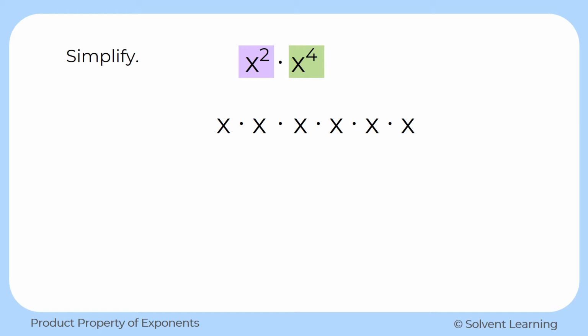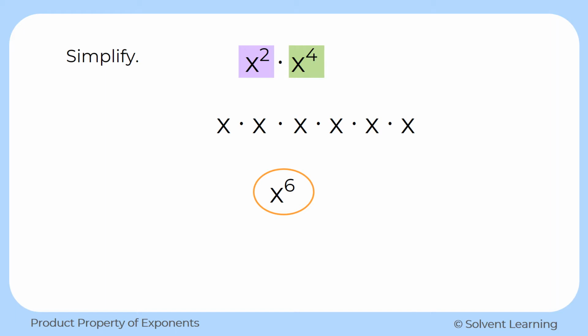And all of these values of x are being multiplied together here. Well, notice that it really comes down to us just having 6 x's being multiplied together. And since exponents represent the same value being multiplied together over and over again, we could represent this as x raised to the 6th power.